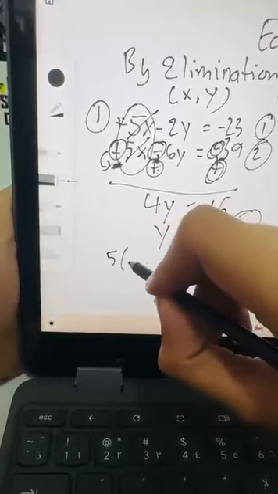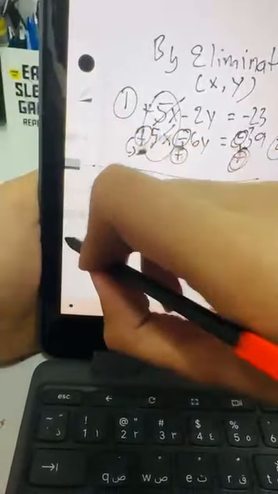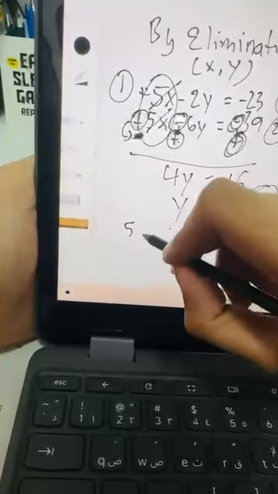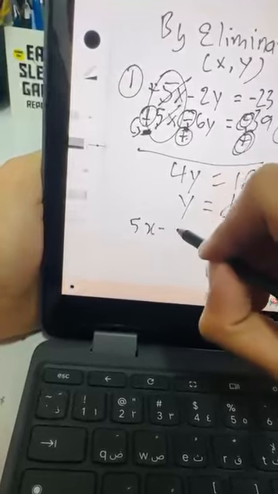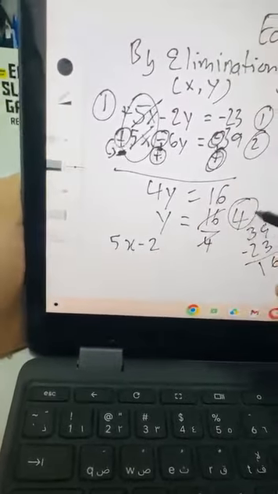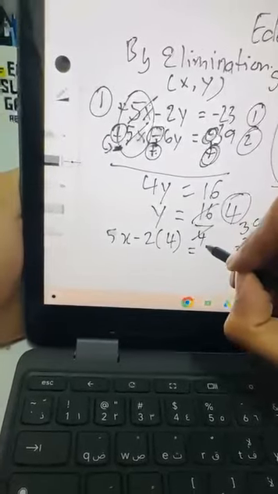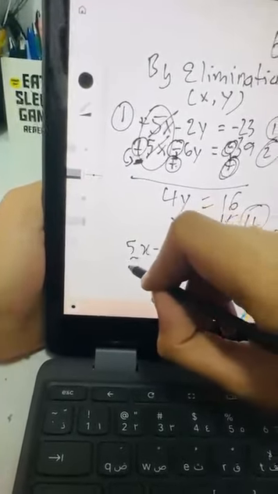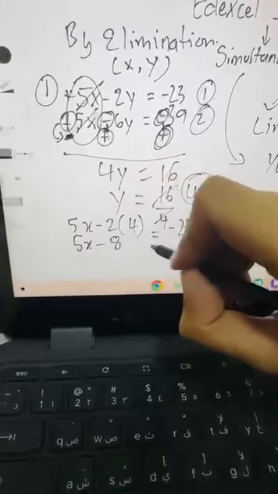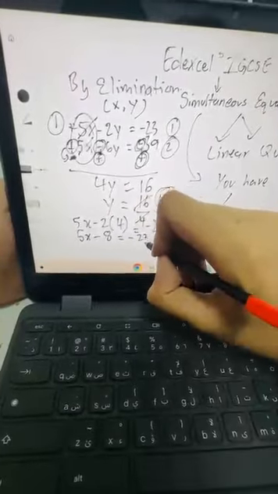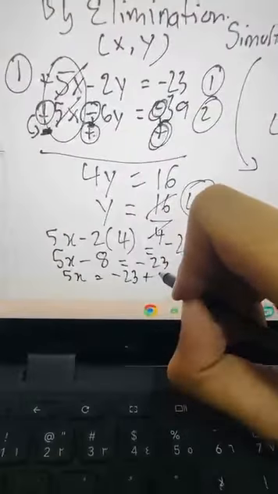So I substituted 5x plus, sorry, it's minus, 5x minus 2, and I substituted this 4 in place of y, equals negative 23. 5x, here negative 2 times 4 is negative 8, equals negative 23. 5x equals negative 23 plus 8.